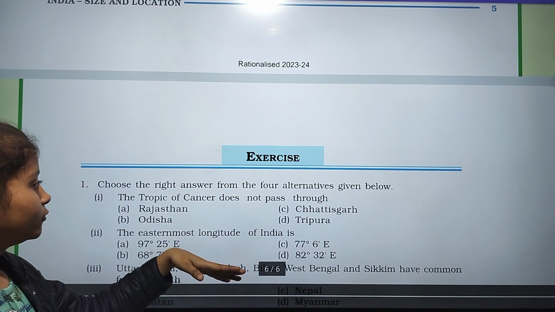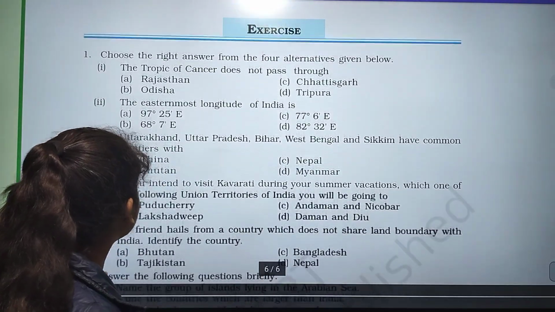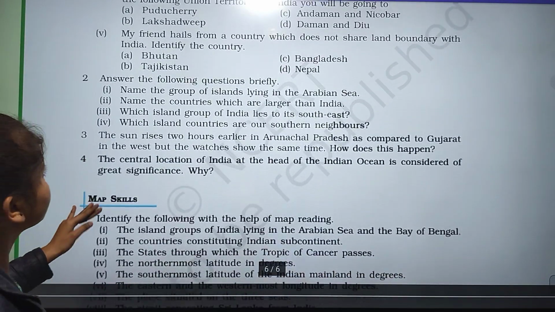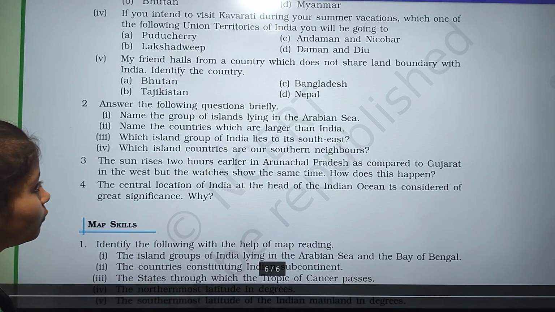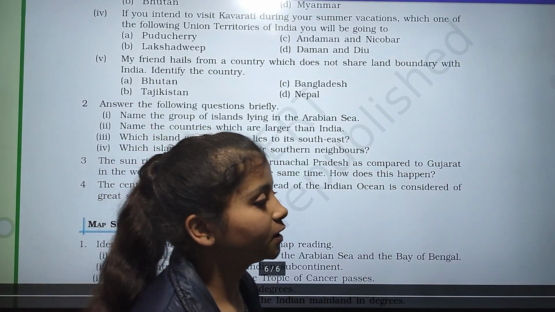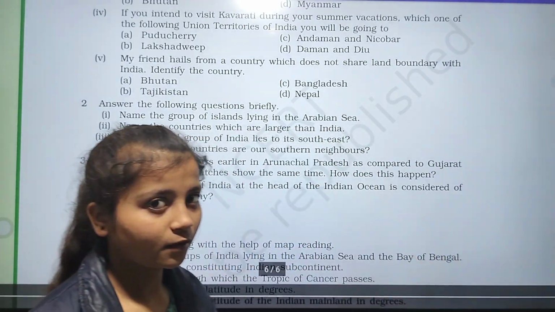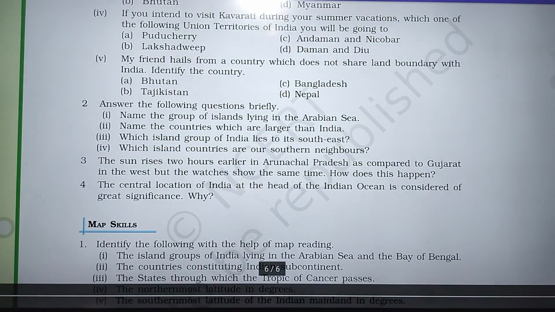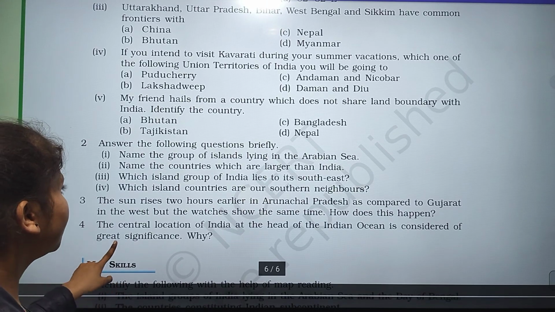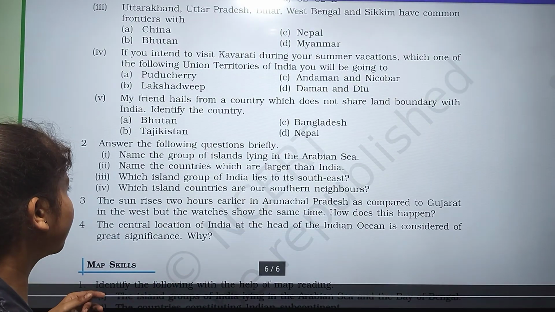Choose the right option, we have 4 questions here. Next is to answer the following questions. Name the group of islands lying in the Arabian Sea. Which group of islands lies in the Arabian Sea, in the west? Lakshadweep. And also the Maldives.